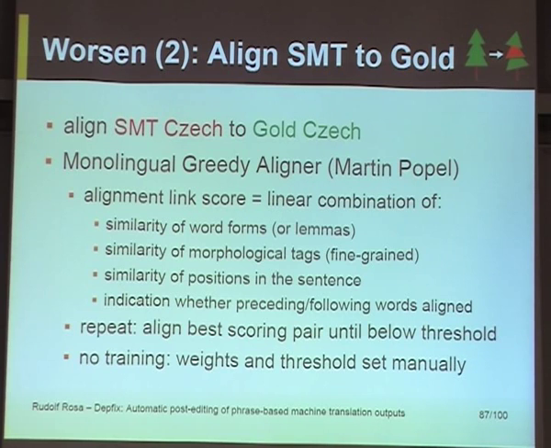So it can use some features that you usually don't use for two different languages, such as similarity of verb forms or lemmas, similarity of morphological tags, of positions in the sentence, and then just some symmetrization. So what we get is that we now have the correct Czech sentence and the incorrect Czech sentence aligned together.